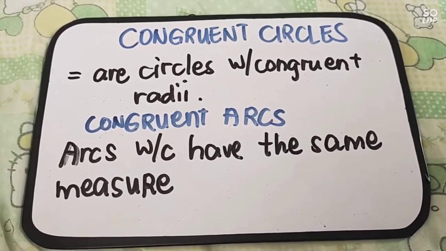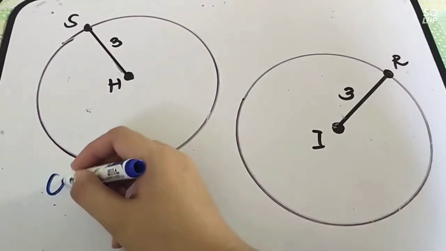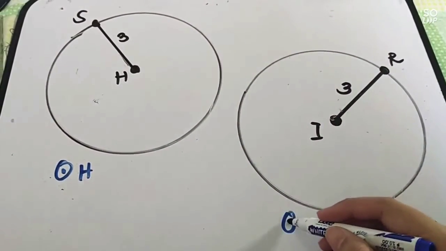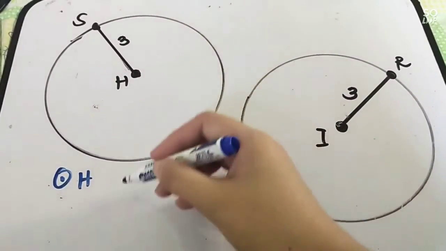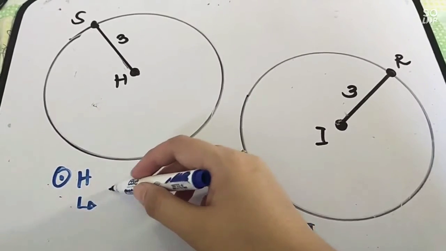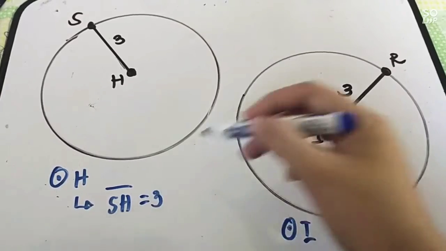Let's have an example. We have a given here of circle H, and this one, we have circle I. As you can see here, we have a radius. In circle H, we have a radius of line segment SH, which is equal to 3.